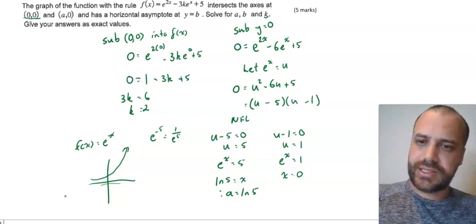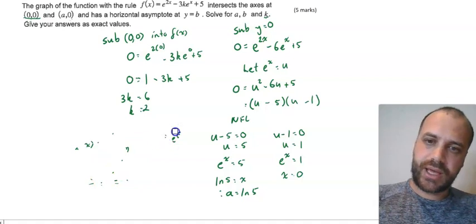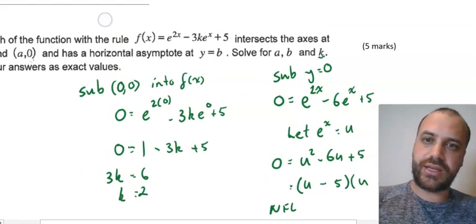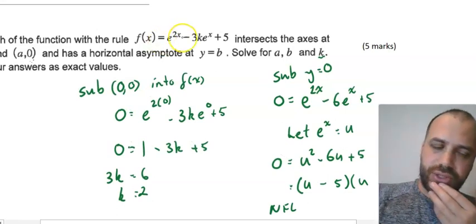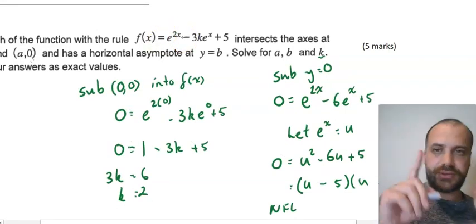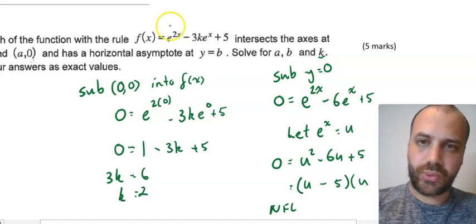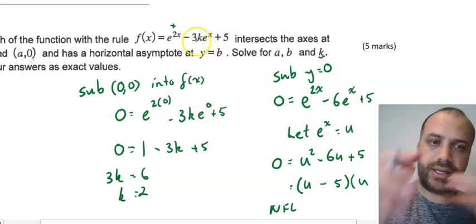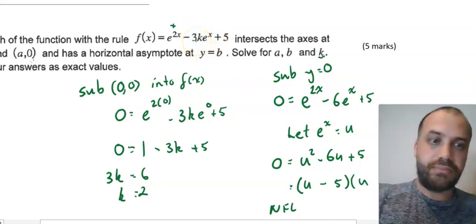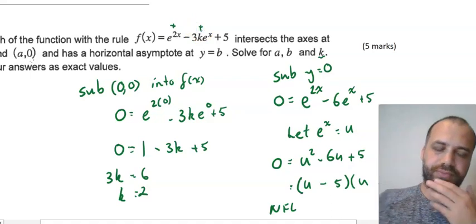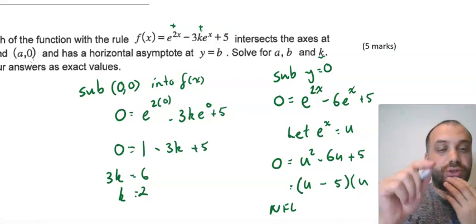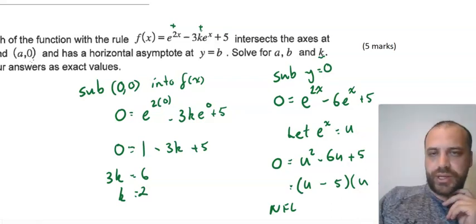So let's consider the actual question that we're dealing with. We've got some other weird function here, right? f of x equals e to the 2x minus 6e to the x plus 5. Now, e to the 2x can never be negative. It's always positive. It can get very close to 0, but never quite 0.